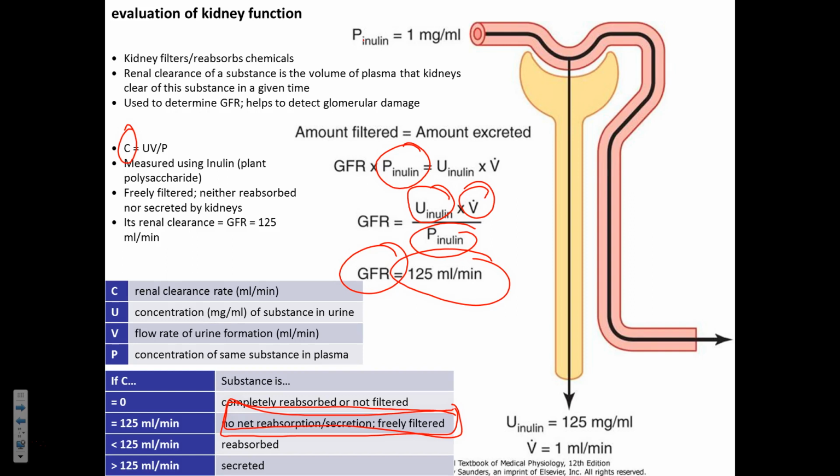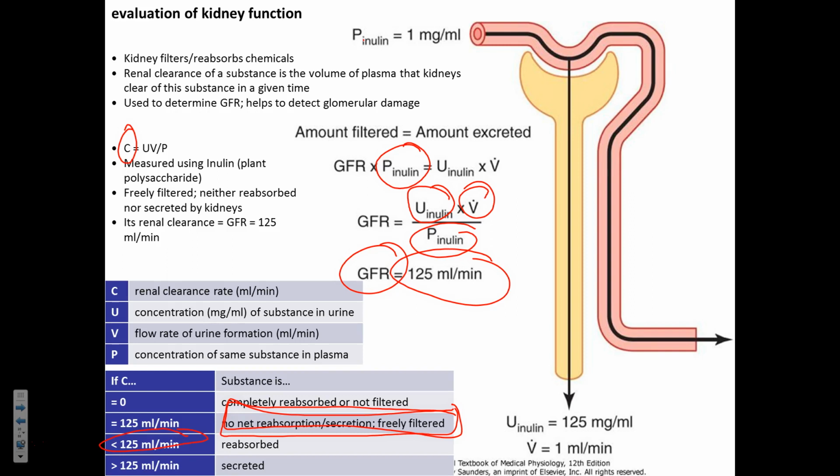Now, if renal clearance is less than GFR, it means that some of the substance is reabsorbed. Does that make sense? The more substance is reabsorbed, the lower its renal clearance. Is that clear?